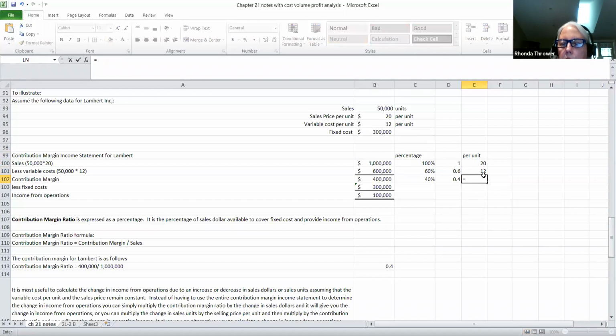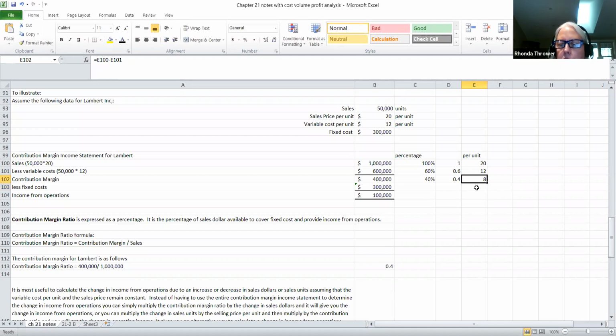So $20 minus the variable cost per unit gives us $8 as our contribution margin per unit.